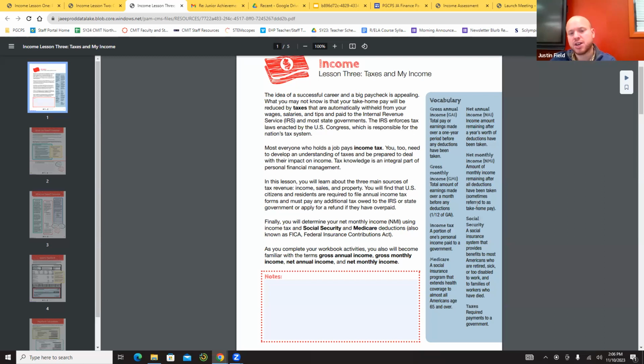In this lesson, you will learn about the 3 main sources of tax revenue: income, sales, and property. You will find that U.S. citizens and residents are required to file annual income tax forms and must pay any additional tax owed to the IRS or state government, or apply for a refund if they have overpaid.